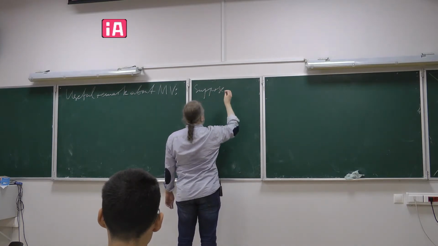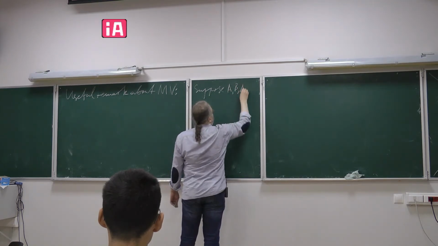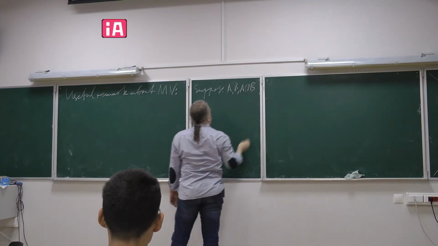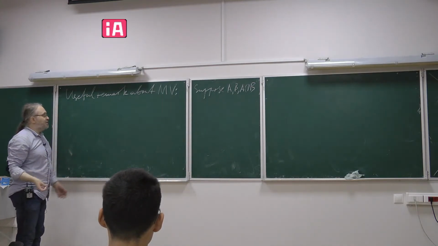Suppose all spaces A, B, and the intersection are path connected.